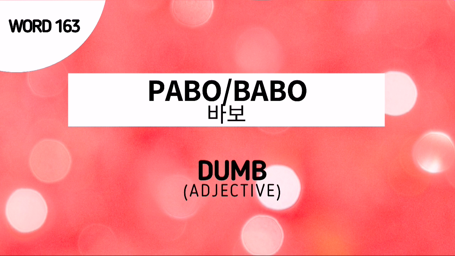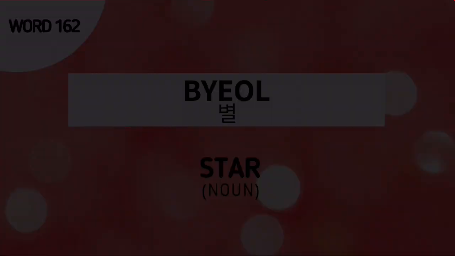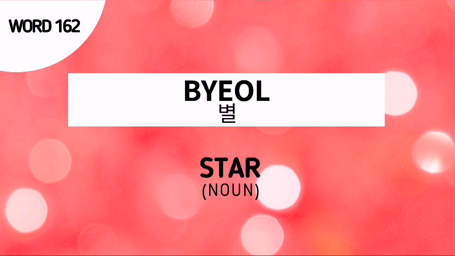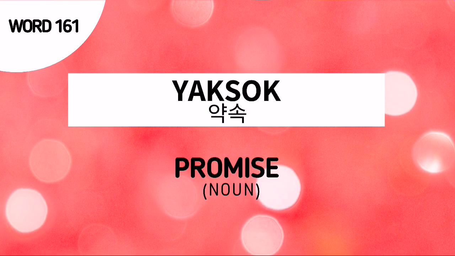This is an adjective which means dumb or foolish. Word number 162 is byol, and this is the Korean noun for a star. Word number 161 is yaksok, and this is the Korean noun for promise.